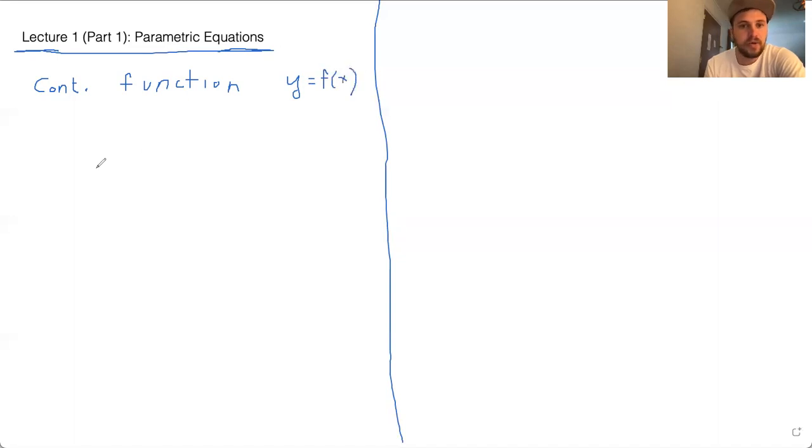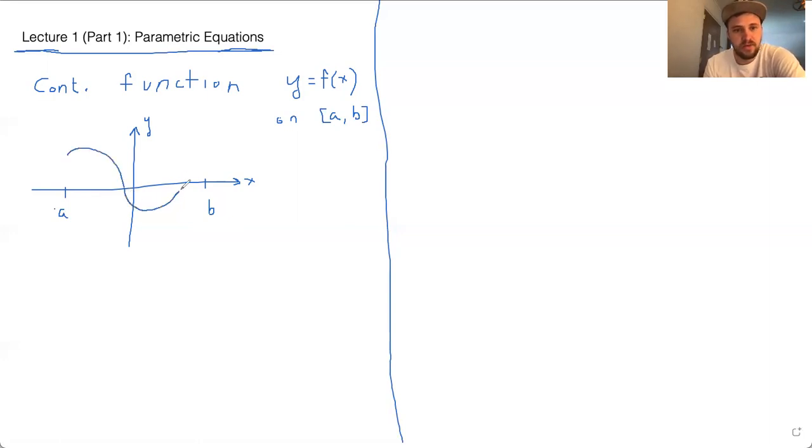We know that we can observe a continuous function geometrically as a graph or a curve on a plane in two-dimensional space. Let's say this is a continuous function over some interval, say on a to b. Here could be a, here could be b, two real numbers on the x-axis, and then we have some continuous function. Maybe it looks like this over this interval.